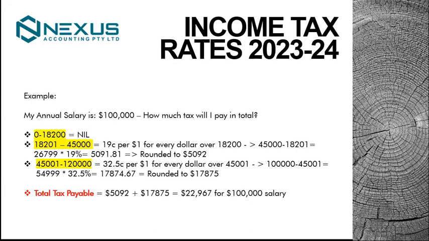Total tax payable equates to 5092 plus 17,875 equals 22,967. The Australian Taxation Office has a very good, simple tax withheld calculator on their website that you can access and do this calculation in a very simple and convenient way with a few clicks of a mouse.